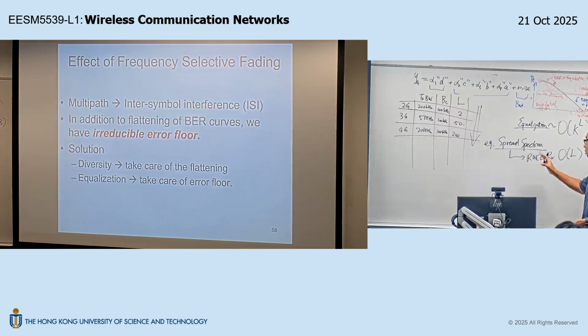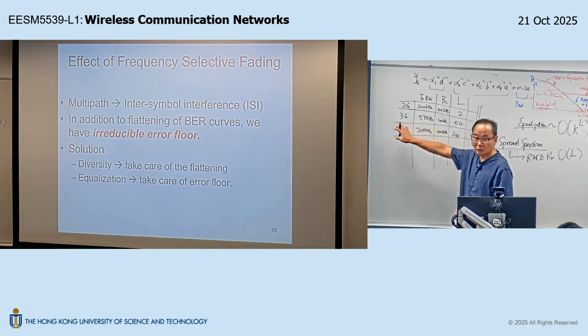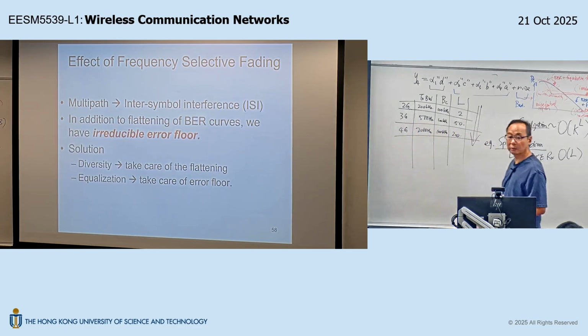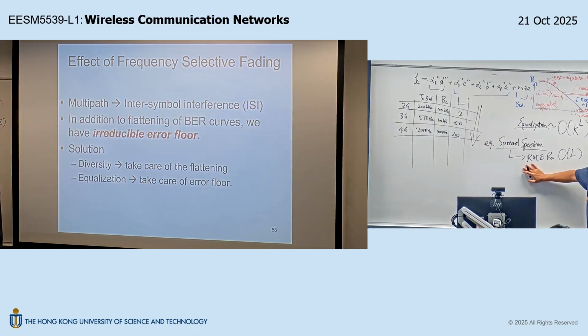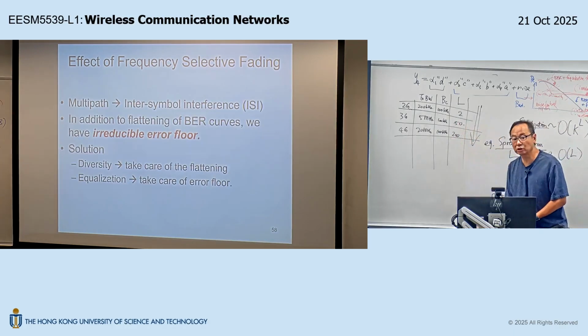So that's one example, and that's why in 3G systems, CDMA, the spread spectrum technology, is the fundamental technology behind different versions of the 3G standards. All the 3G standards in the world are essentially based on spread spectrum technology, because that is one example that can give you low complexity equalization across frequency selective fading channels.